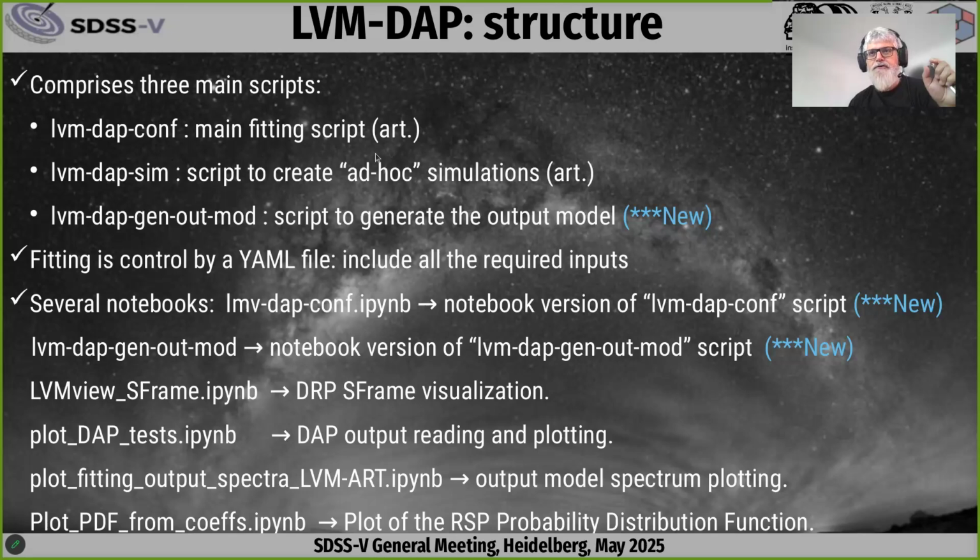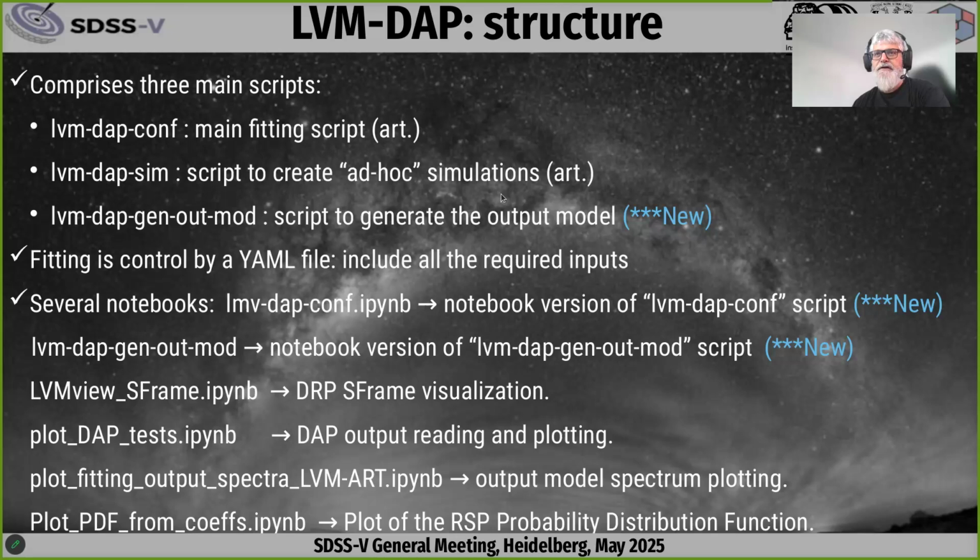Then we have the LVM DAP sim, which is a tool that uses the output of a certain analysis to create ad hoc simulations that you can run again to test what the limitations of the method are for your particular data set.